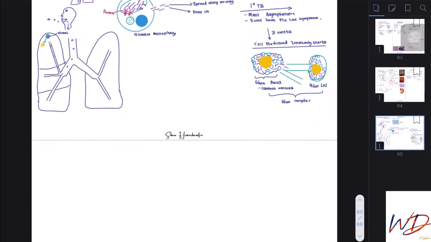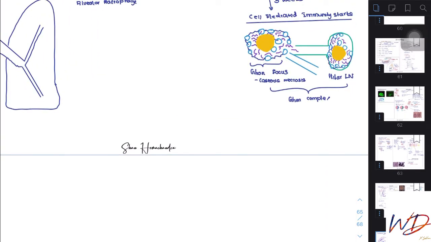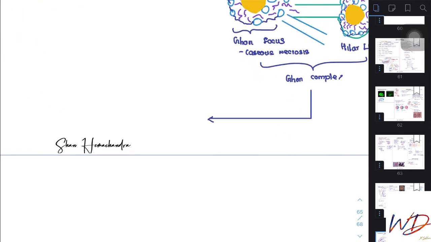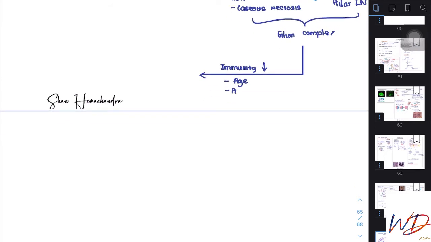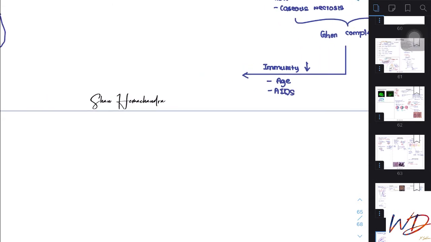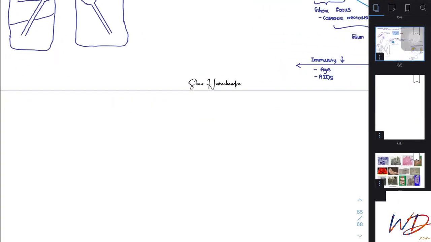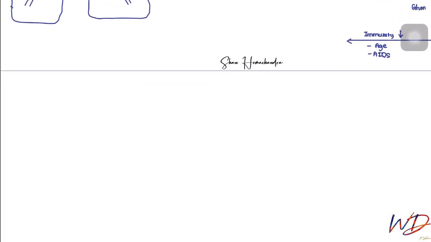Yeah, sorry. Now, for most people, this is the end of it. They will not progress into the next stage. But in some people with old age and with diseases like AIDS, so when their immunity decreases with age or with AIDS, you will get a secondary reactivation of TB.